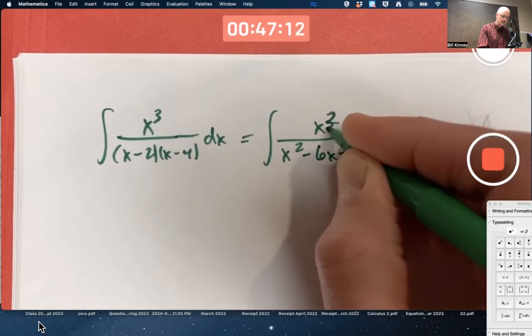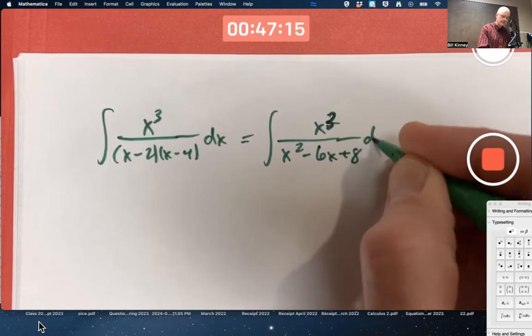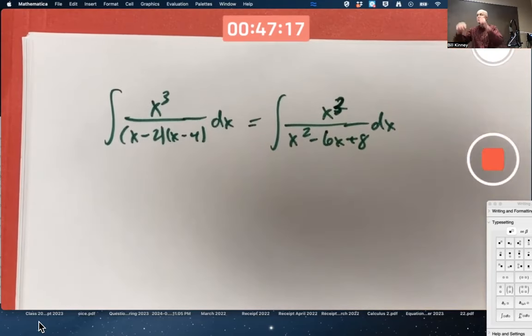Oops, x cubed here. But now the degree of the numerator is higher than the degree of the denominator. Don't use partial fractions right away. You've got to use polynomial long division instead first.